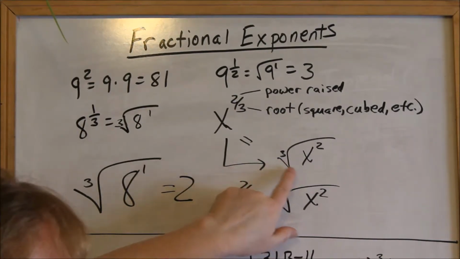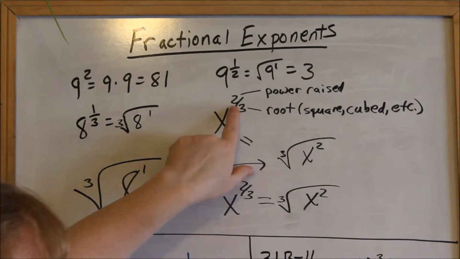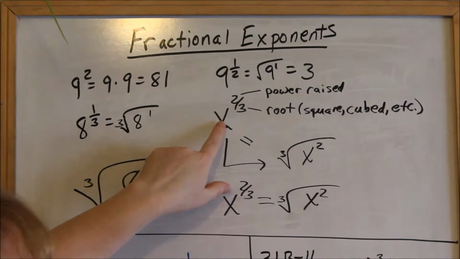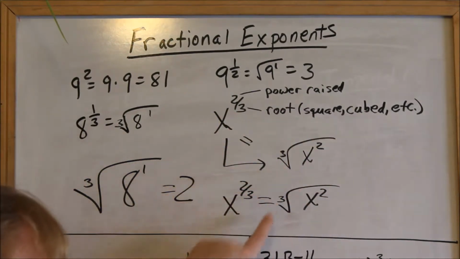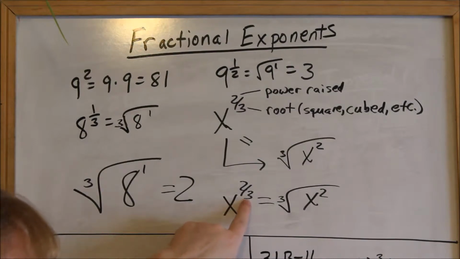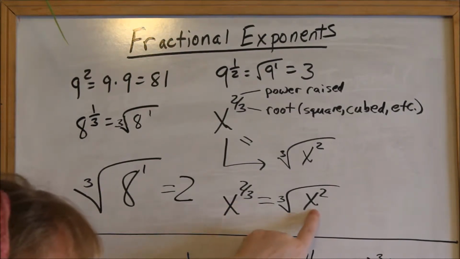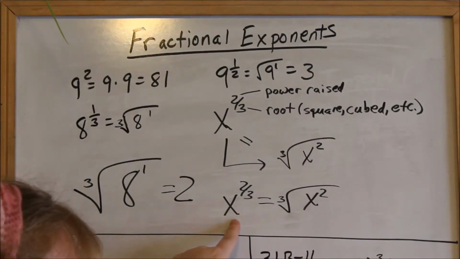That means the cube root of x squared. I'm raising x to the 2nd power, but I'm taking the cube root of that. This fractional exponent and this radical form mean the same thing. In other words, x to the 2/3 means the same thing as taking the cube root of x squared. These two mean the same thing.